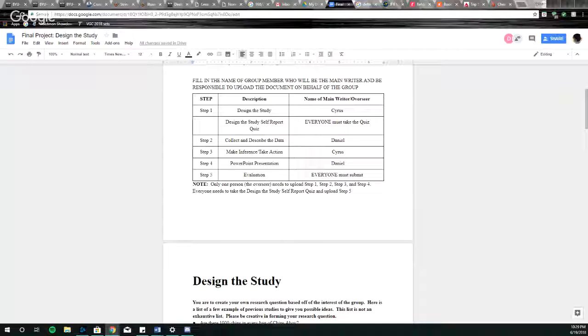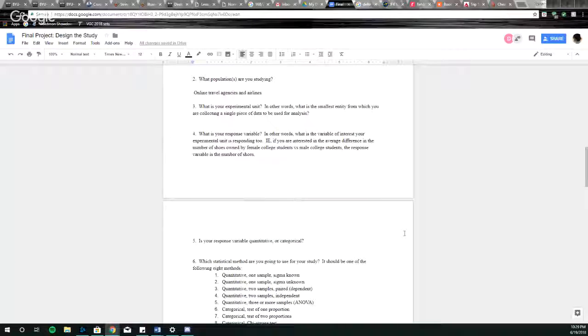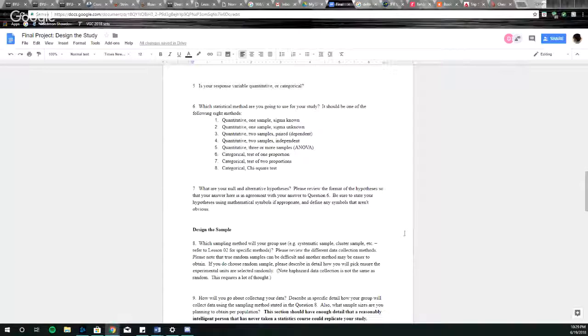And there are no due dates. Okay, I'll try and fill out as much of this as I can. Well, okay, what statistical method are you using for the study? It should be one of the following 8 methods. Oh, I don't even know. Quantitative.